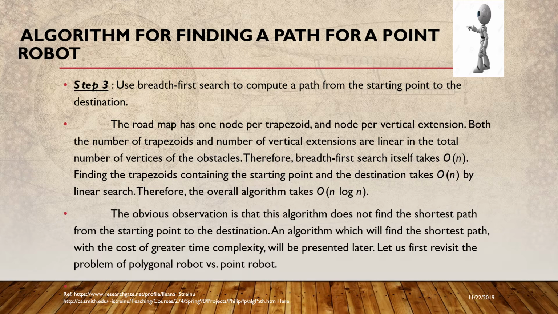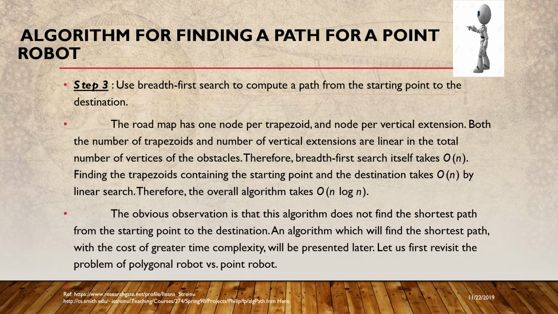Both the number of trapezoids and the number of vertical extensions are linear in the total number of vertices of the obstacles. Therefore, the breadth first search takes big O(n) time.